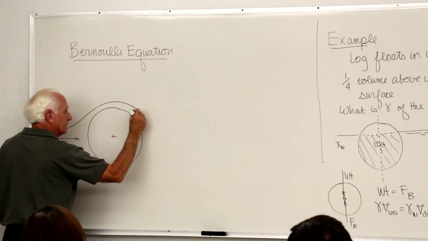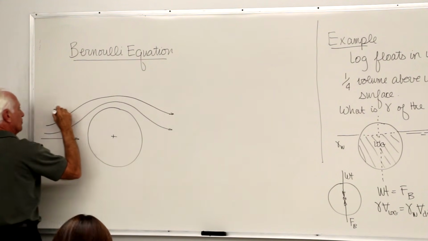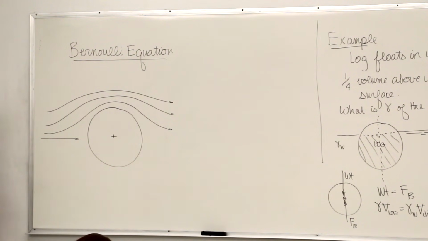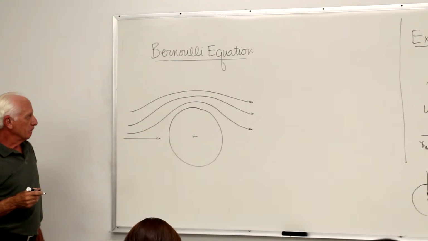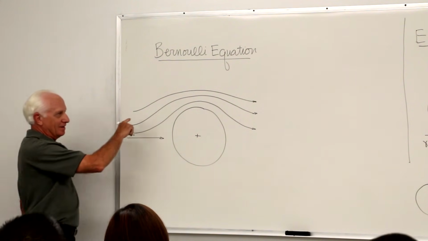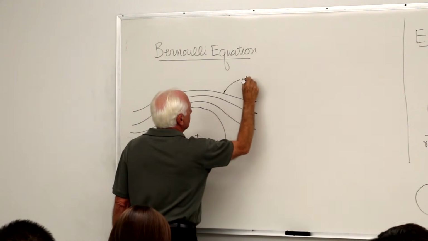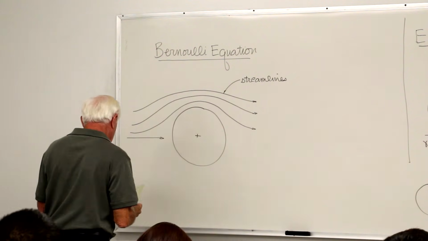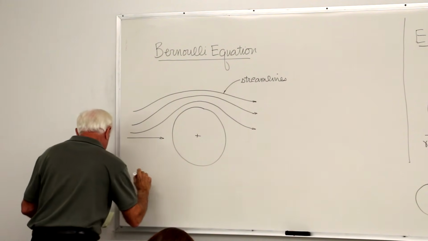So it goes around like this. I won't draw top and bottom, I'll just draw the top, the bottom is symmetrical. This is like a piece of pipe in an airstream. When people draw pictures like this, these lines they draw are called streamlines. Definition: the official definition.